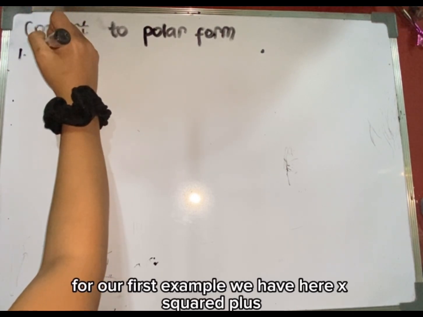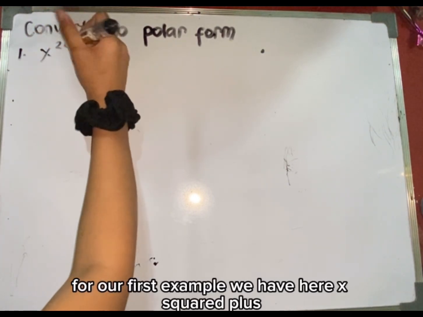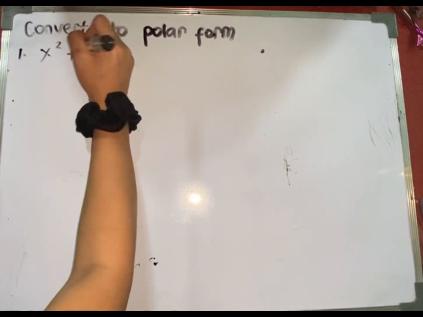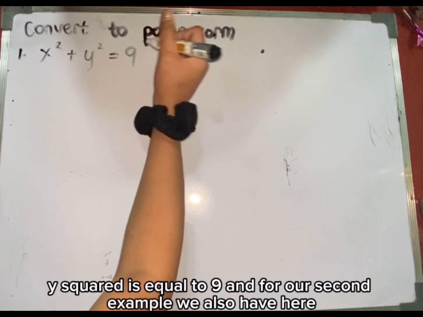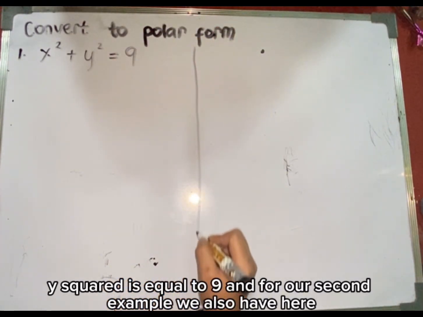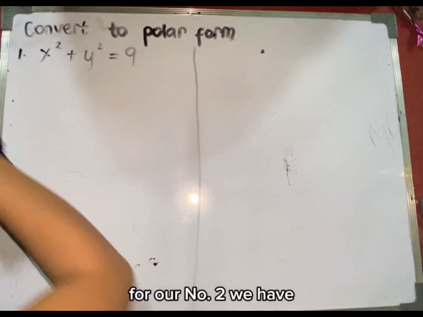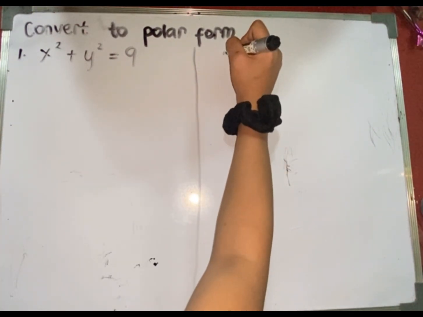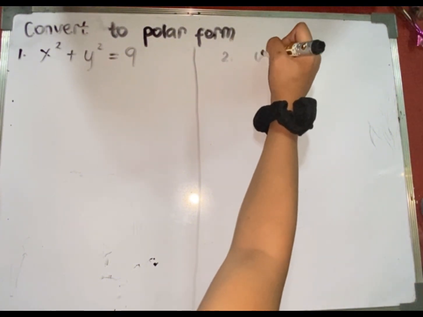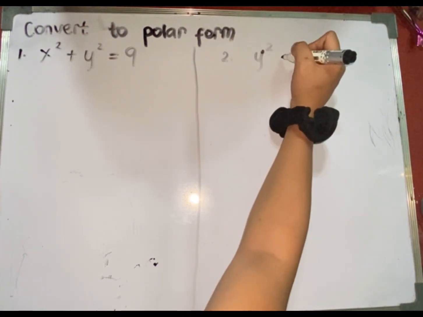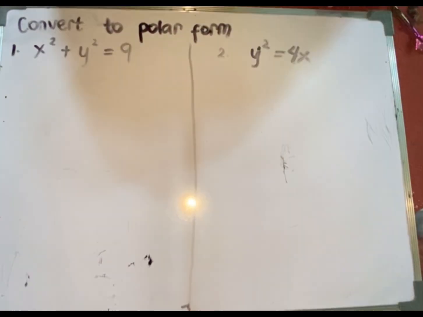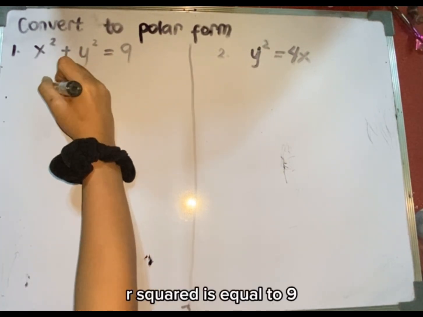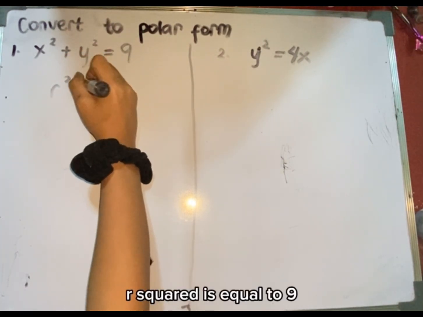For our first example, we have x squared plus y squared is equal to 9. And for our second example, for our number 2, we have y squared equals 4x. For the first, r squared is equal to 9.